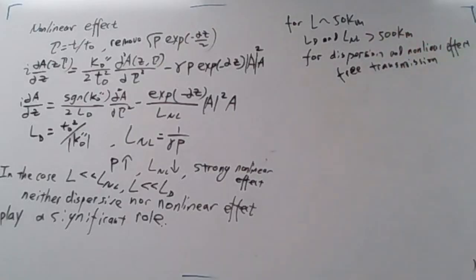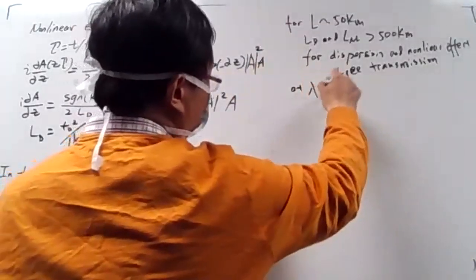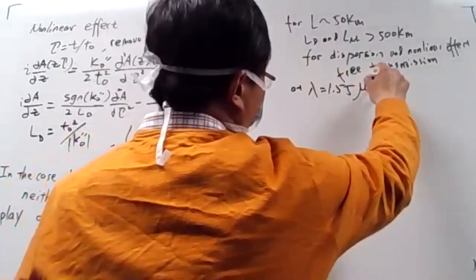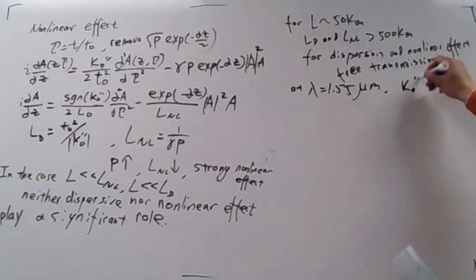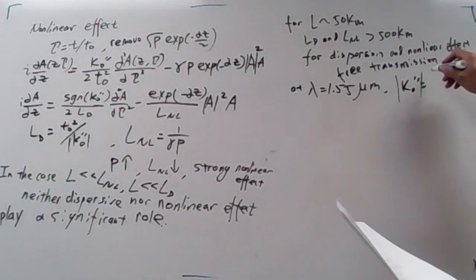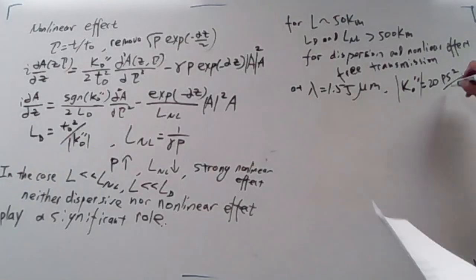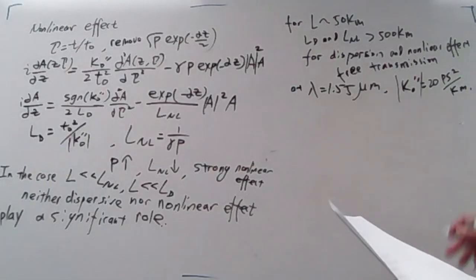But usually in the optical transmission, there are all other effects. As long as it's not the dominating factor, that's okay. All right, so let's look at lambda equal to 1.55 micrometer. The absolute value of K naught double prime is 20 picosecond squared over a kilometer, right?